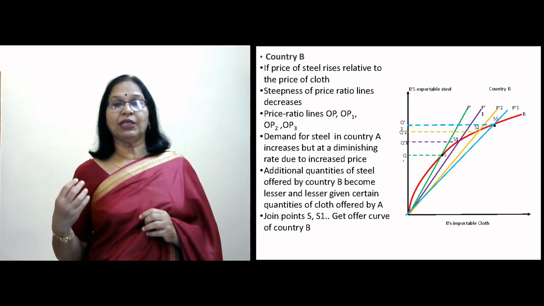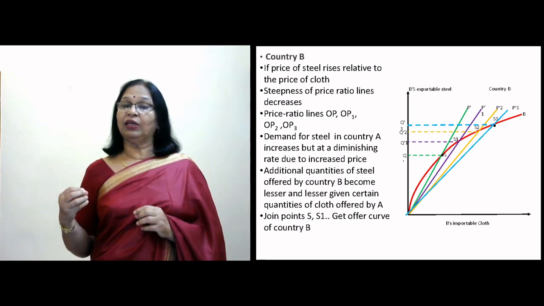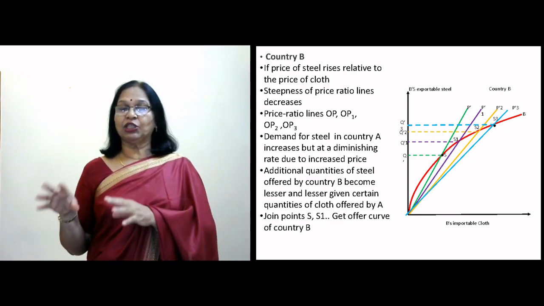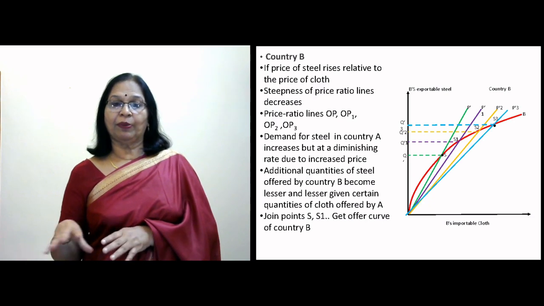So the demand for steel in country A increases, but it will increase at a diminishing rate because it has to pay more for the price rise.